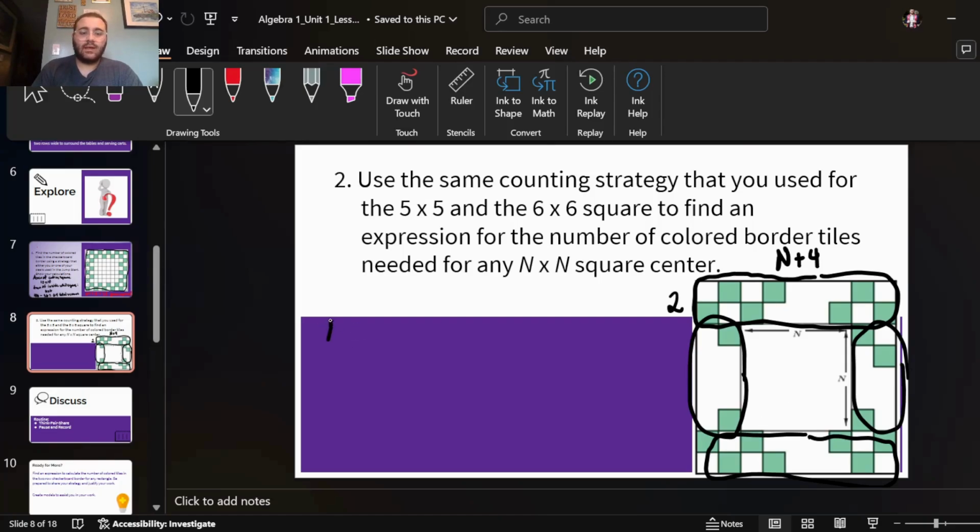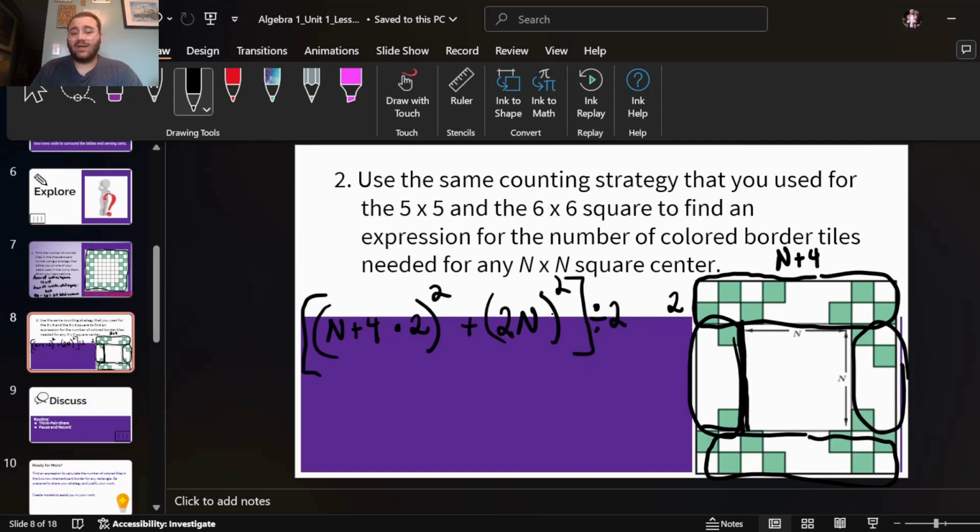So we're going to do n plus 4 times 2 times itself, because we have 2 rectangles, top and bottom. And we also need to add this length n times 2, or 2n. And we have 2 of those, so we need to square. And then we need to divide everything by 2, because we want to count only the green squares.